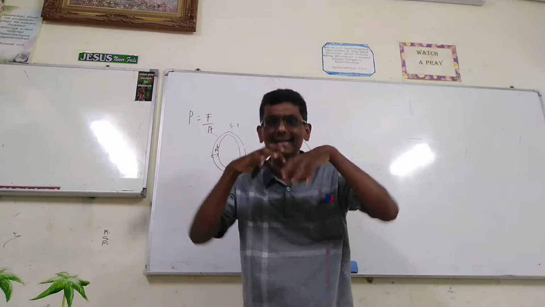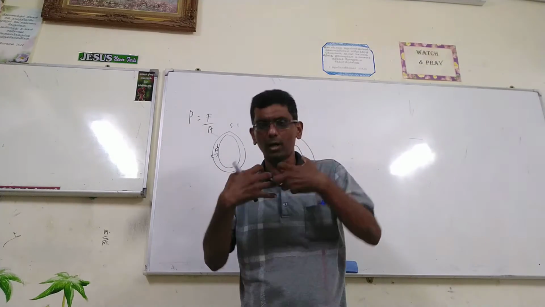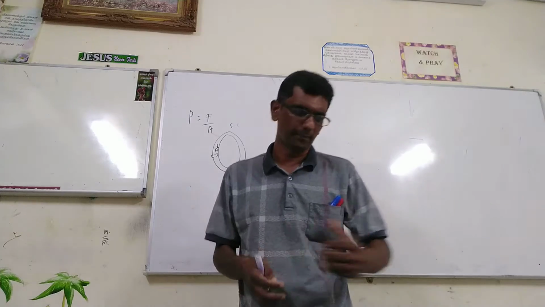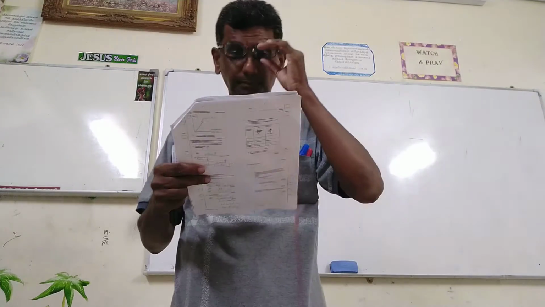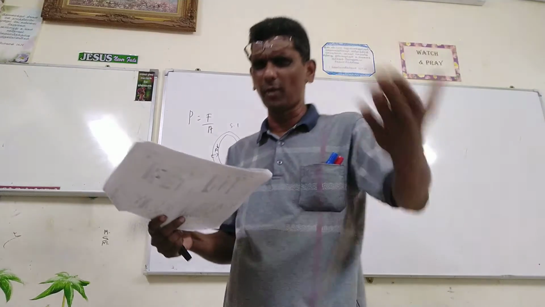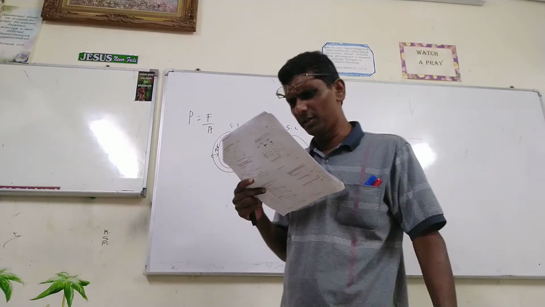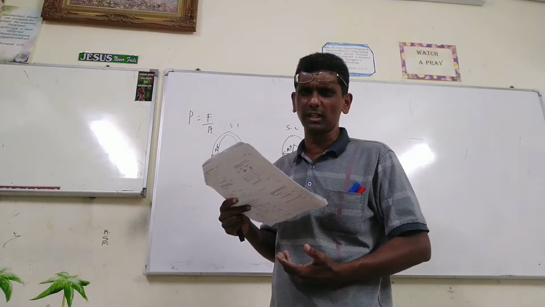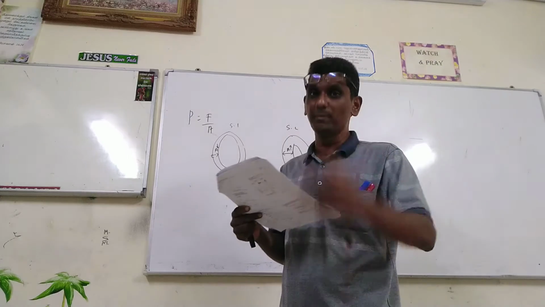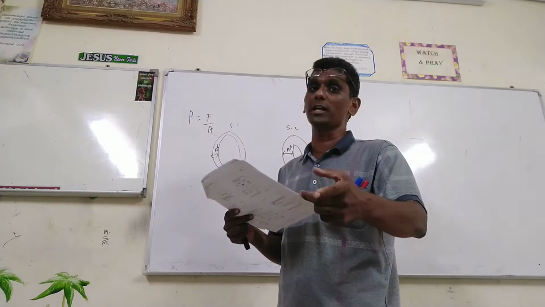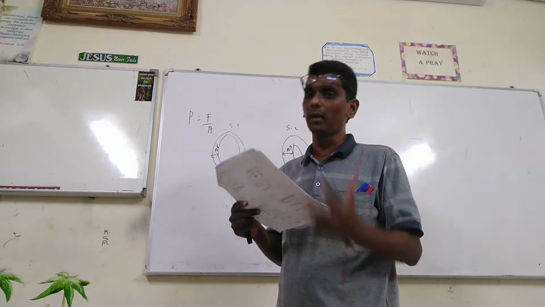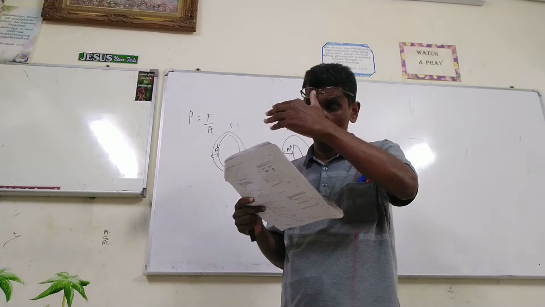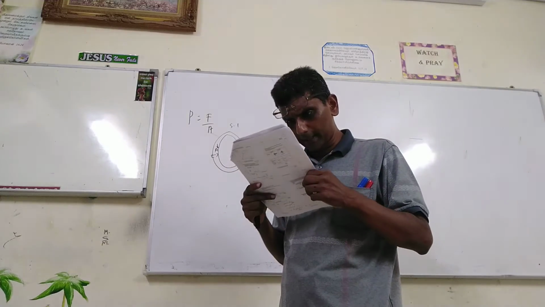That means you understand the concept of this question. Because I have gone through this before, I don't go through the question again, but when you do SPM, when you do the exam, you must go through the whole question. Okay.